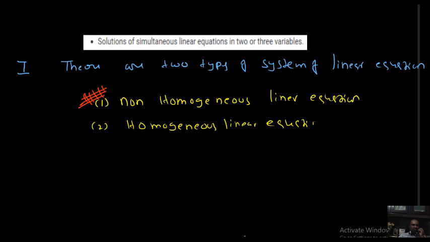Okay, so what methods do we have to solve these systems of linear equations? Actually, matrix method, and there are several methods. Generally we will say matrix method and determinant method. One is the matrix method, second is the determinant method: by using the determinant concept you can solve.